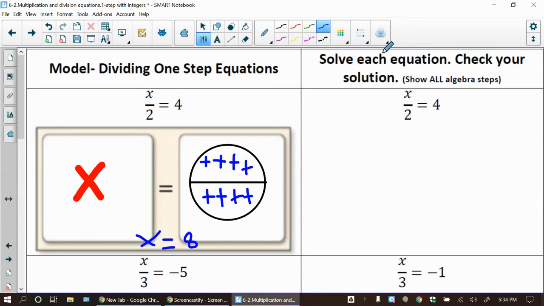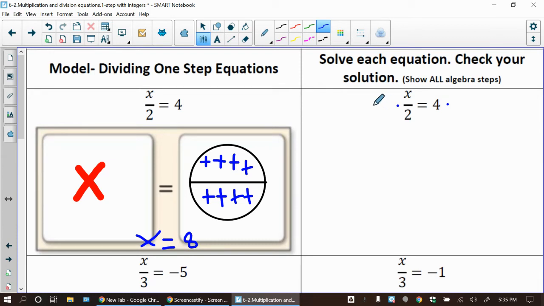Then I need to do this algebraically. What is the opposite of division? Multiplication. So we're going to multiply on both sides, using the dot, because we have variables and don't want to use an x.